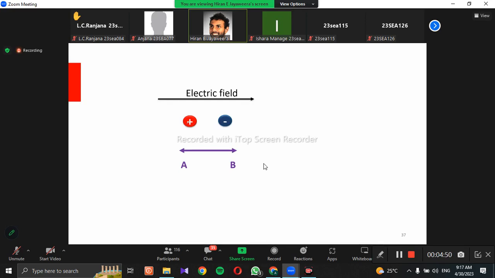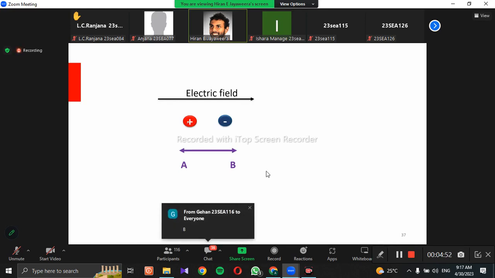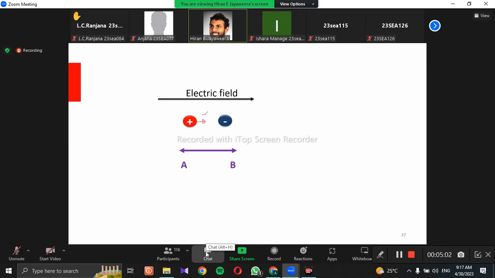It will move towards B, right? There's no difference, because the electric field coming from the minus charge is negligible. So the force acting on the positive charge is towards B. So it will move towards B.